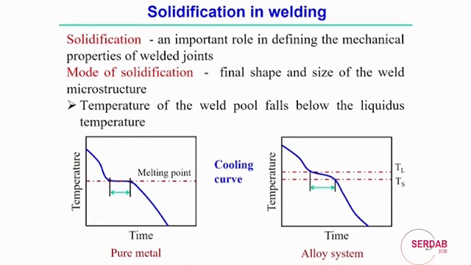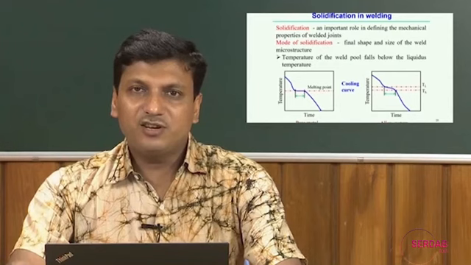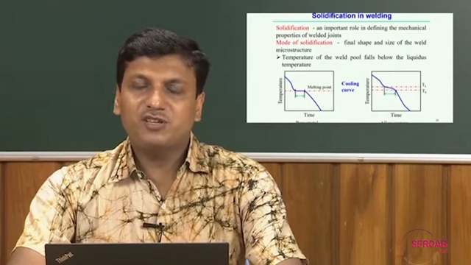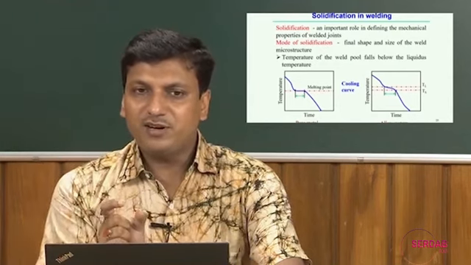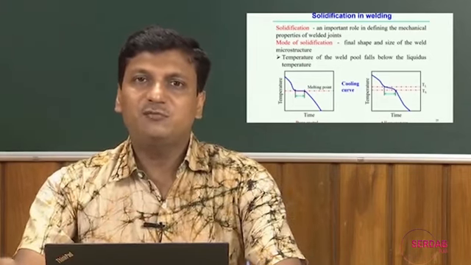Now, if we look into the typical time-temperature curve in the solidification process, for a pure metal we know the basic elementary curve of time versus temperature. The first figure shows the pure metal cooling from some superheated temperature. When it comes to the melting point temperature, some time is required to change the phase without changing the temperature.